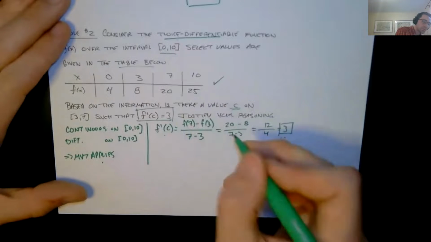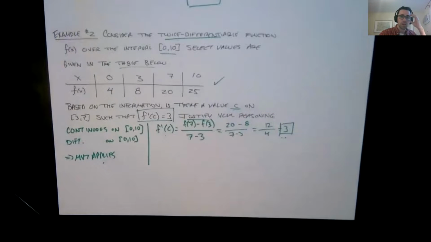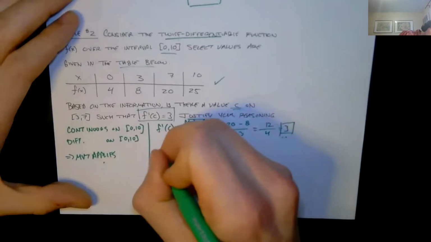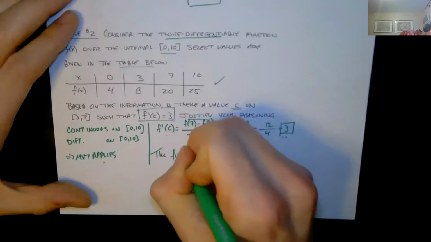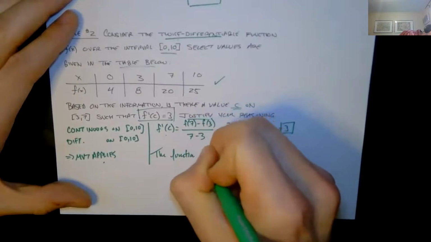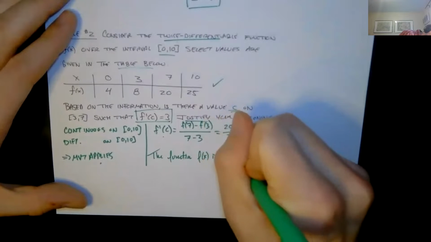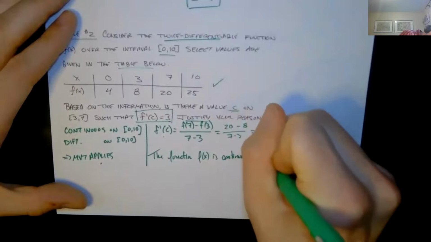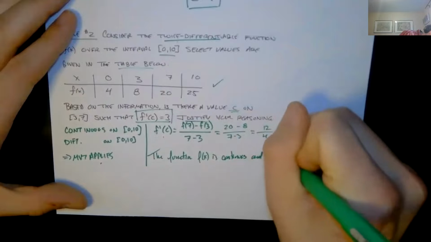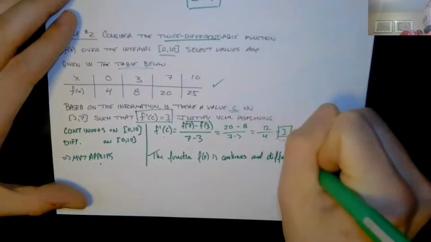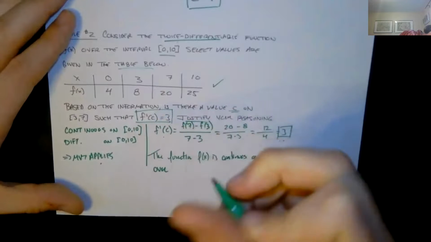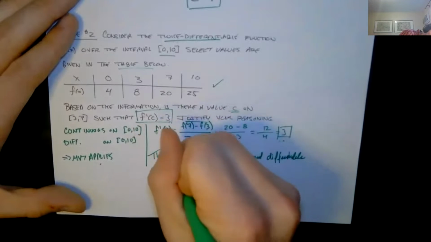So altogether, to get these justification points, here's how you can put that together. The function f of x is continuous and differentiable over [3, 7].